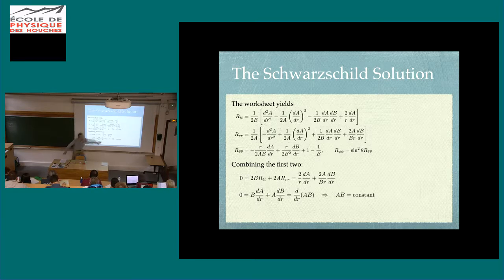So what this is saying is that A times B is some kind of constant. Now, what constant? Well, it's arbitrary. You choose whatever constant you like. But there is a choice that makes things nice, and that is if you have flat space at infinity, then your g_tt ought to be 1.